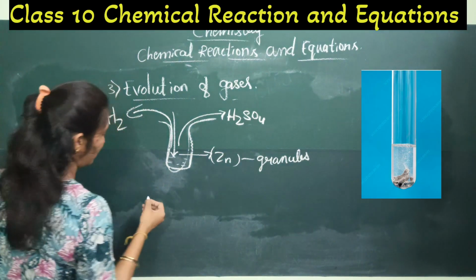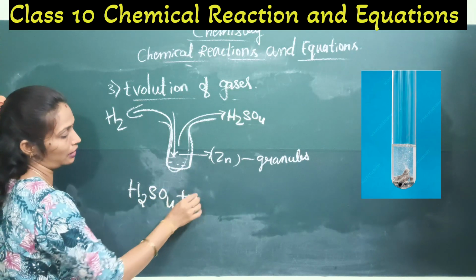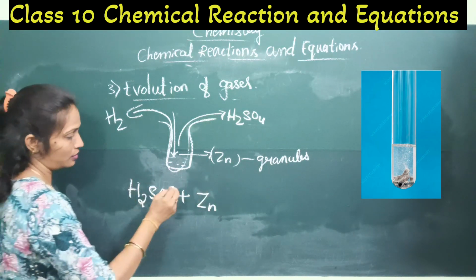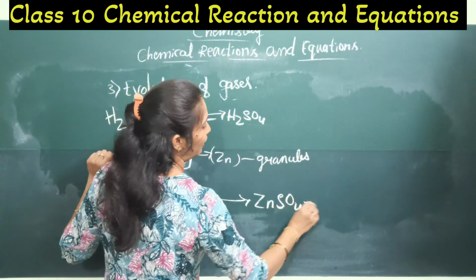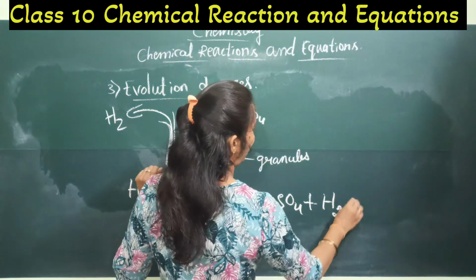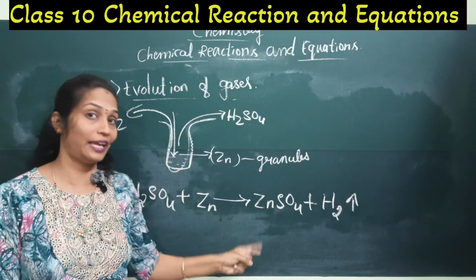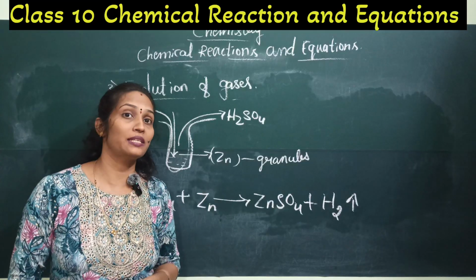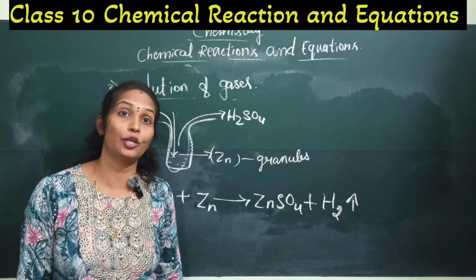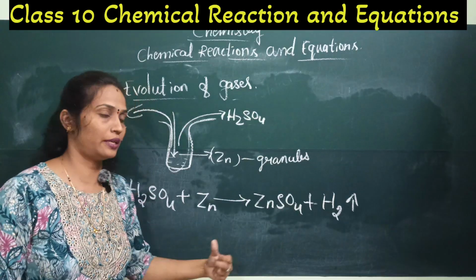So let me write down the equation. When H2SO4 is there, if you add zinc to this, there is a formation of zinc sulfate and the liberation of hydrogen gas. You all learned this equation in your 8th standard, in the metals and non-metals chapter, where you learned the displacement reaction.